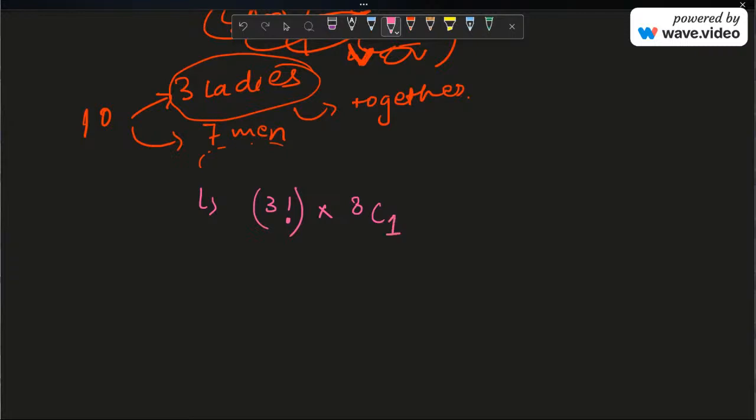So 8C1 into 7 factorial for the men, which is basically 3 factorial into 8 factorial.